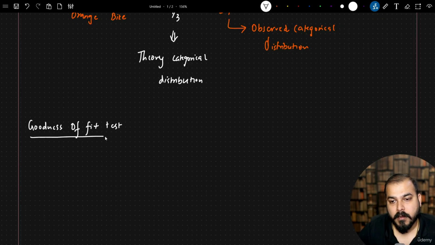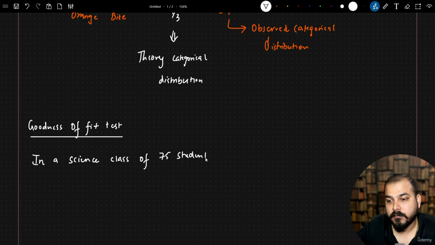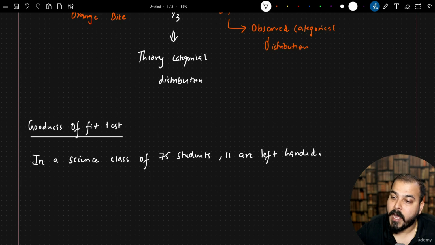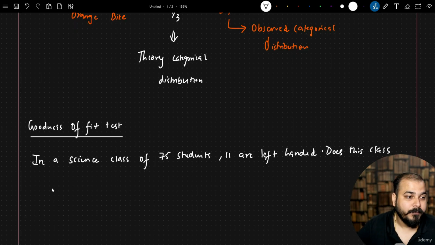I have a problem statement: in a science class of 75 students, 11 are left-handed. Does this class fit the theory?